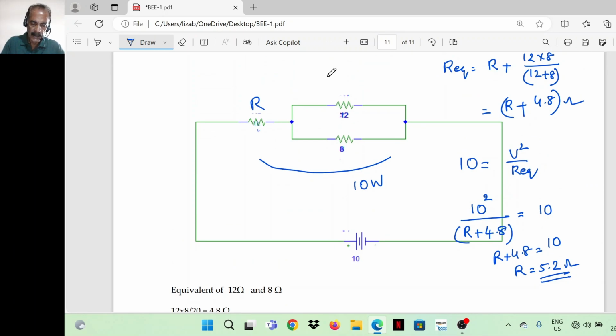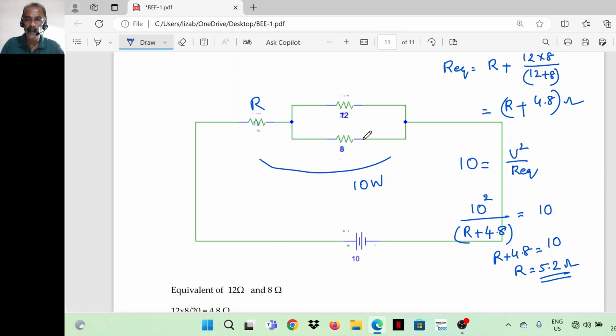So in this case, the total power dissipated in all the three resistors is given, that is 10 watts. That is equal to V square, applied voltage square, divided by R equivalent, the equivalent resistance of all the three resistors. So equivalent resistance is R plus the parallel equivalent of 12 and 8.